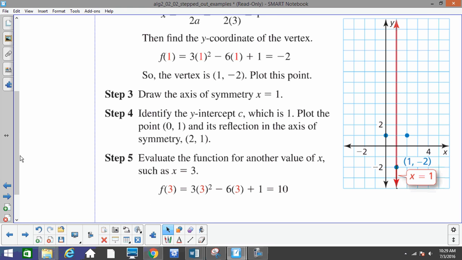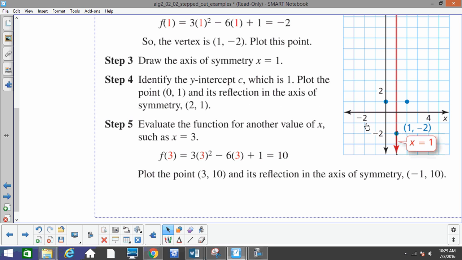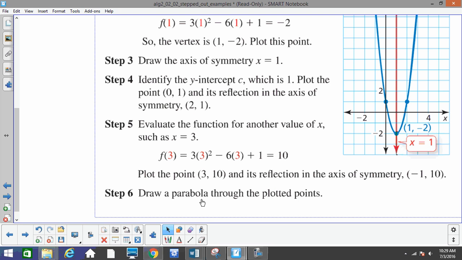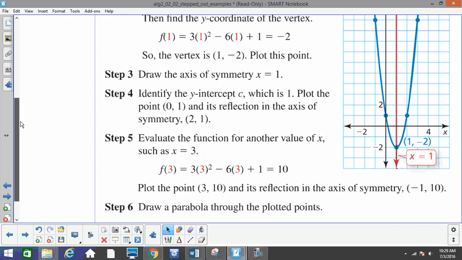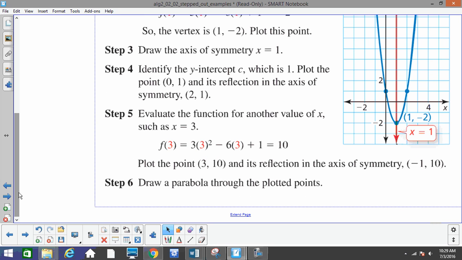We're going to evaluate the function for another value of x, and it's up to you what you choose. So 3, 10. If you notice that's 2 spaces from the axis of symmetry. Go over 2 spaces, draw the mirror image, and voila, you've got a beautiful parabola.